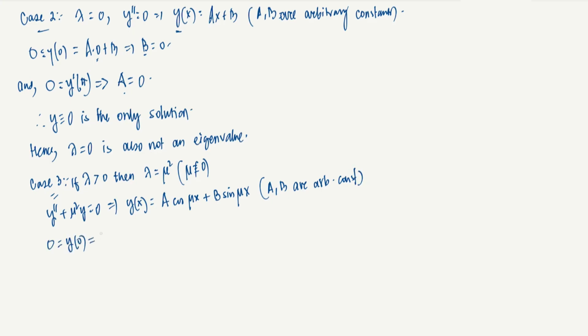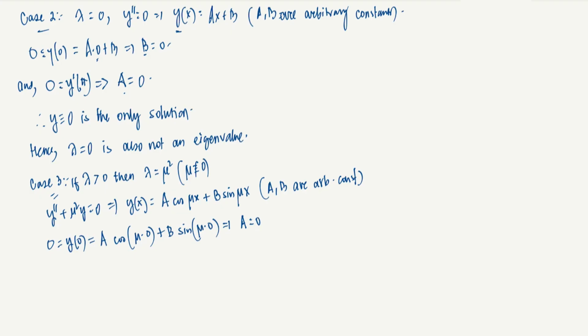So let's put it this way: A times cosine mu times 0, plus B times sine mu times 0. Sine 0 is going to be 0, and cosine mu times 0 is cosine 0, which is 1. So this implies A equals 0, because B times 0 is 0. Basically we are left with A equals 0.